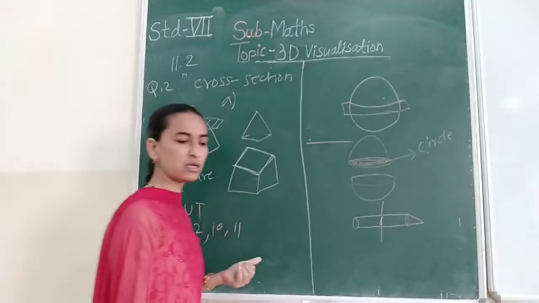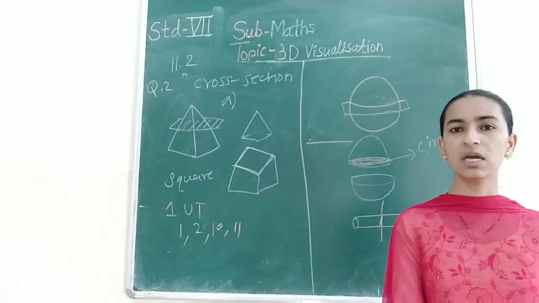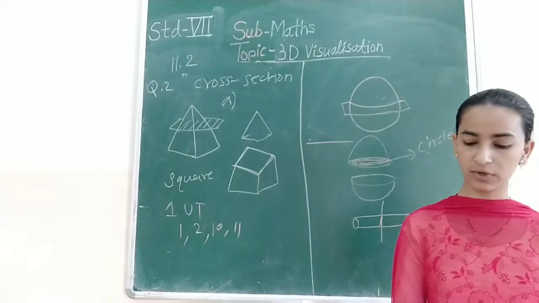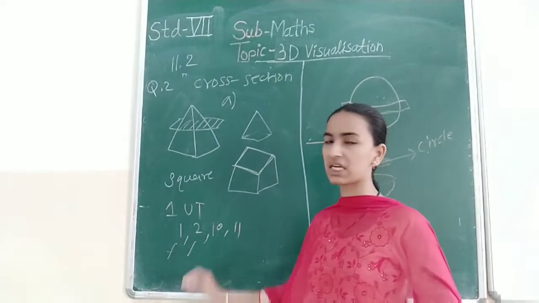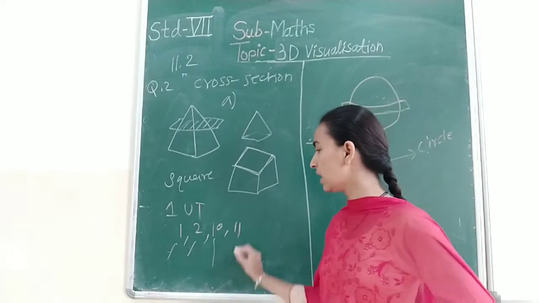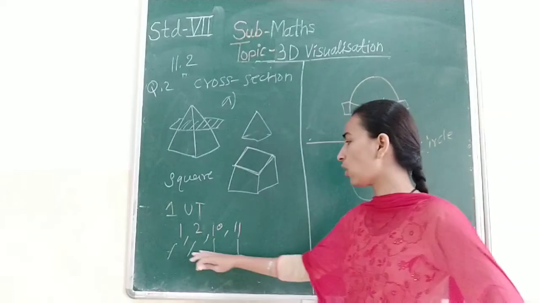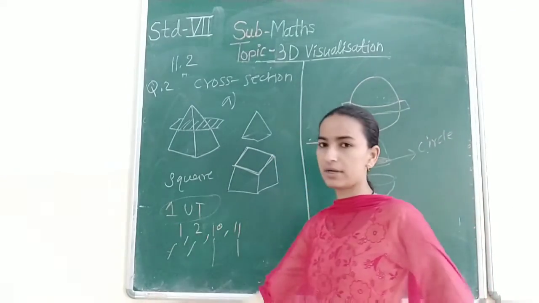Which chapters are there? 3D visualization, symmetry, integers, and fractions and decimals. The first chapter is integers, the second chapter is fractions and decimals, the 10th chapter is symmetry and the last chapter is 3D visualization. All 4 chapters are for your first unit test.